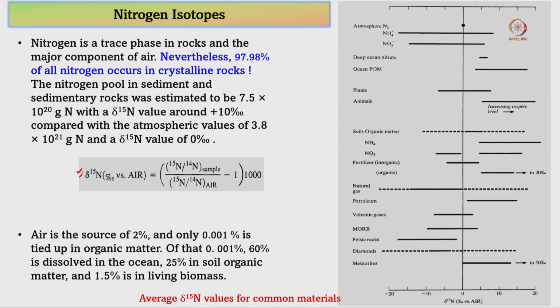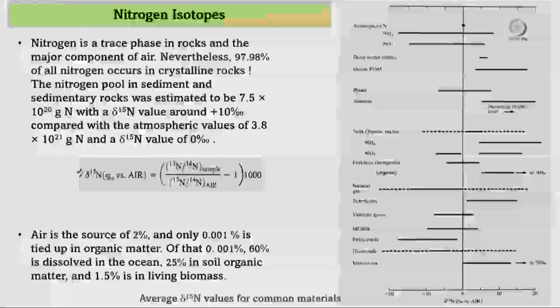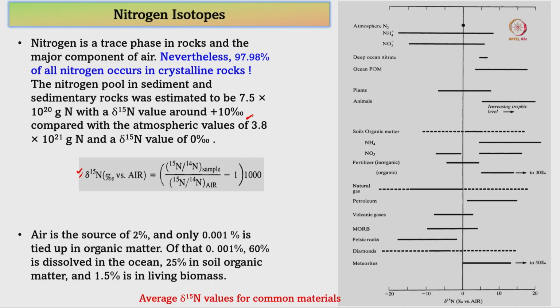Here you can see that the delta 15N value in sedimentary rocks is around plus 10 parts per mil, while air has the value of 0. Just like for water we have VSMOW, the ocean water, with a value of 0, for air we have a value of 0 parts per mil of delta 15N.